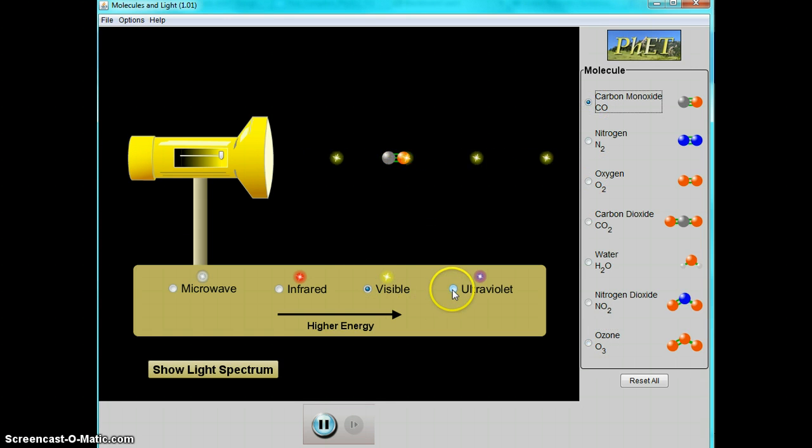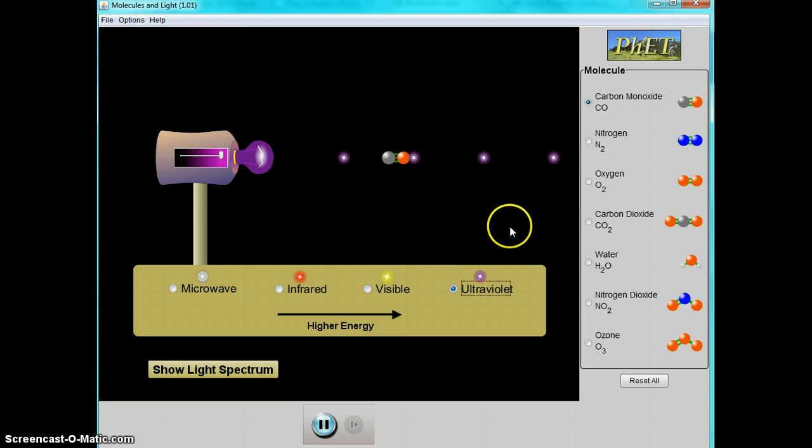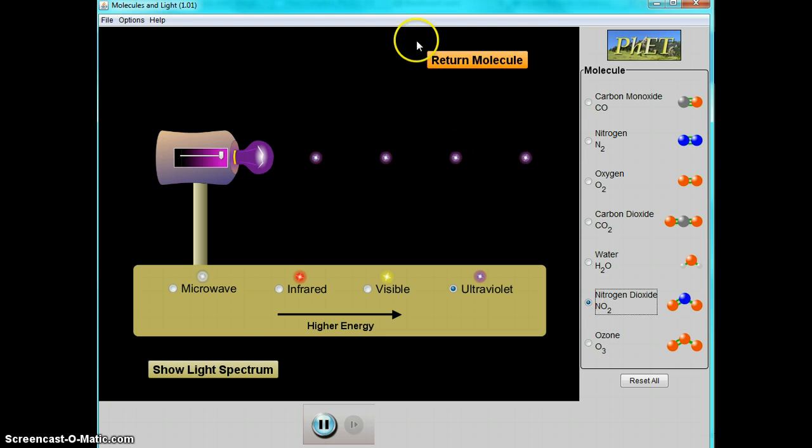We'll switch now to ultraviolet. Passes right through the molecule, passes right through oxygen, passes right through the O2, passes right through carbon dioxide, passes right through water, and breaks up nitrogen dioxide, breaks up O3.